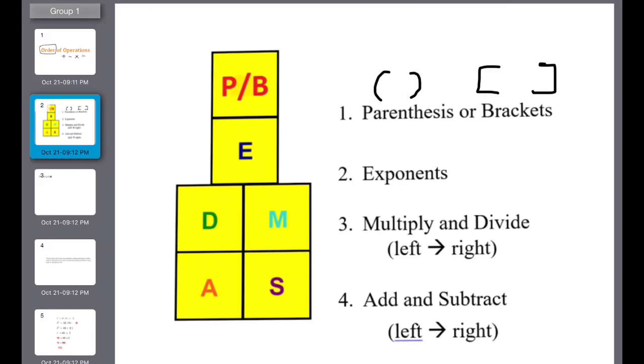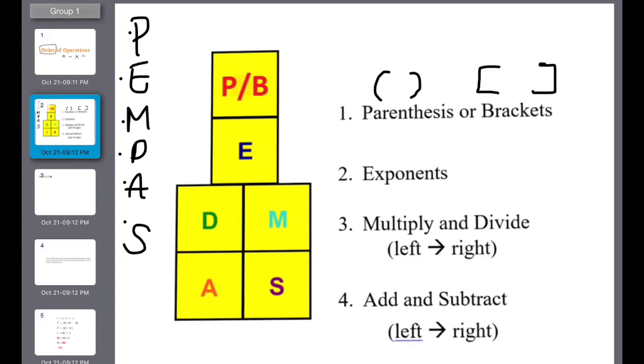So one of the things that Miss Dunn really doesn't like is that a lot of teachers, maybe in elementary school, may have shown you this. And they use the acronym or the phrase, "Please excuse my dear Aunt Sally," to help you remember the order of operations.